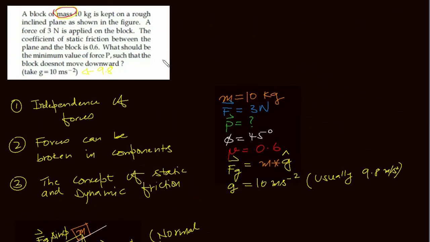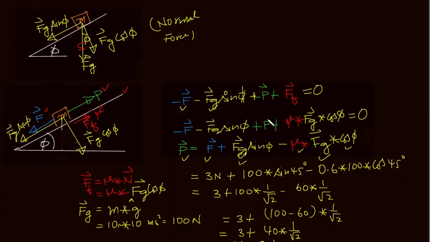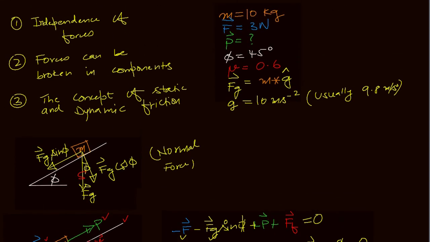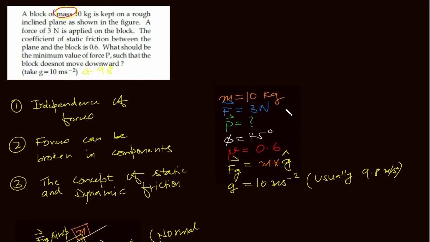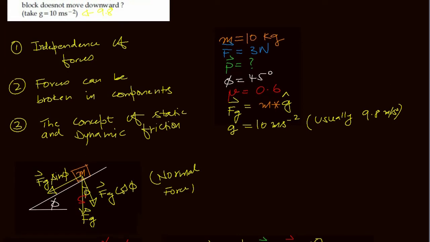So let me go over the whole process again. The first step was that we created a diagram to help us understand the problem. We wrote all the variables here in symbols. Then we wrote down the principles of physics we will apply here.